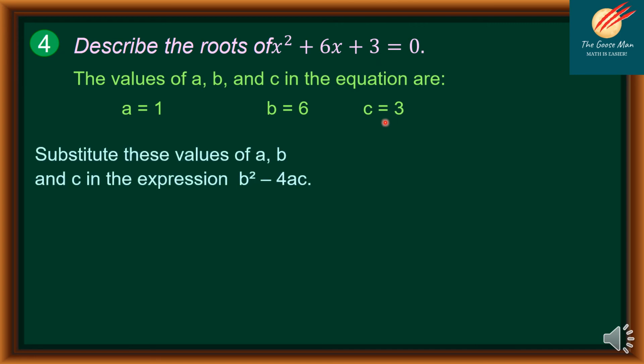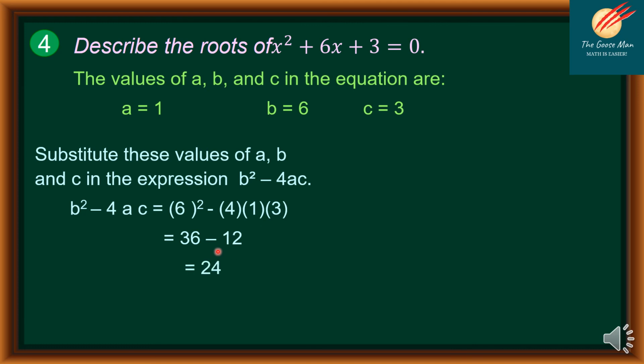Then, substitute these values in the expression b squared minus 4ac. So we have now 6 squared minus 4 times 1 times 3. But 6 squared is equal to 36 minus 4 times 1 times 3, which is equal to 12. So 36 less 12 is equal to 24, which is positive.